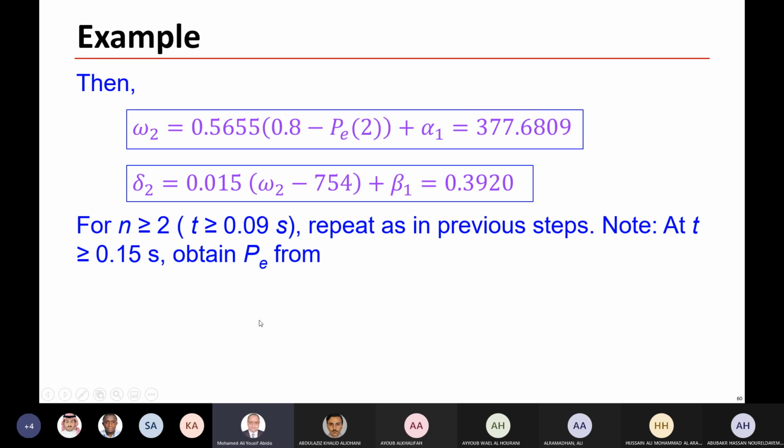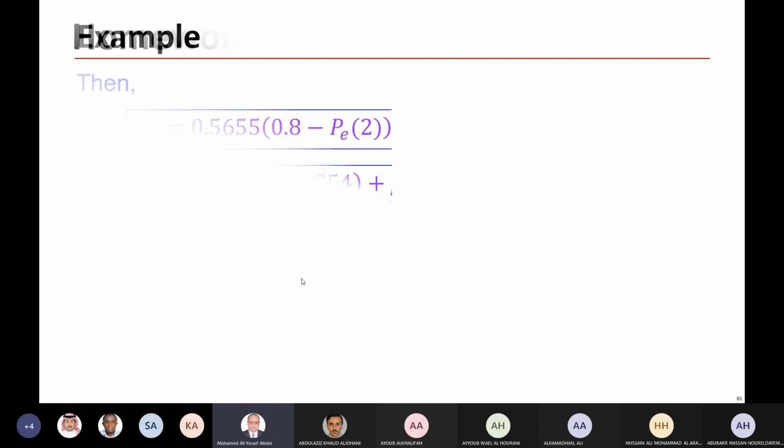and so on. For n equal to 2 and 3 and so on, and then you can proceed with time 0.09, 0.012, and 0.015. 0.15. Repeat as in previous step. Note at t greater than 0.15, obtain BE from the swing equation of the post fault.